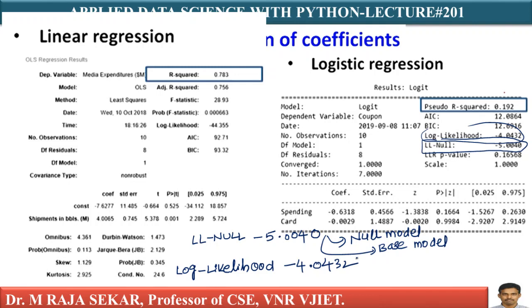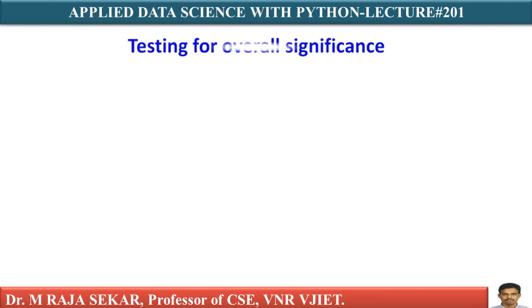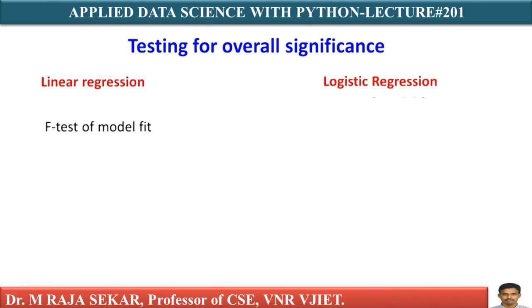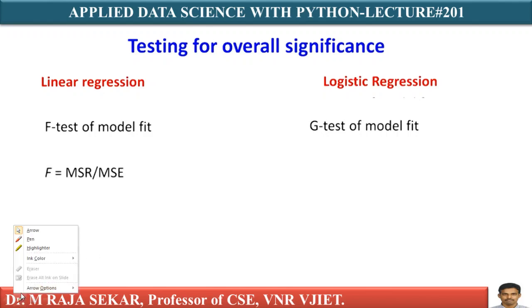Now we will see how to test overall significance of linear regression and logistic regression. To test overall significance of linear regression, we know the F value is MSR by MSE.